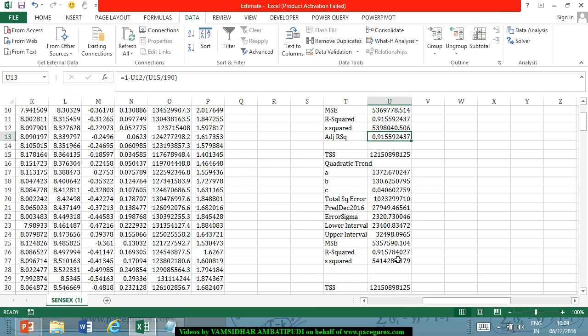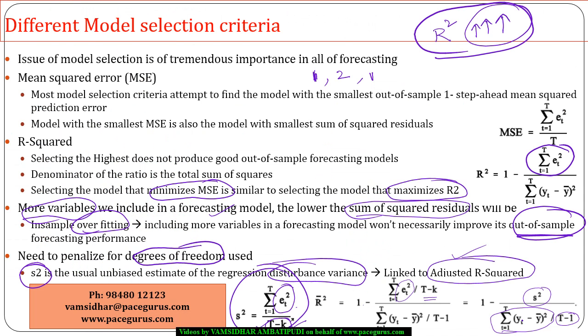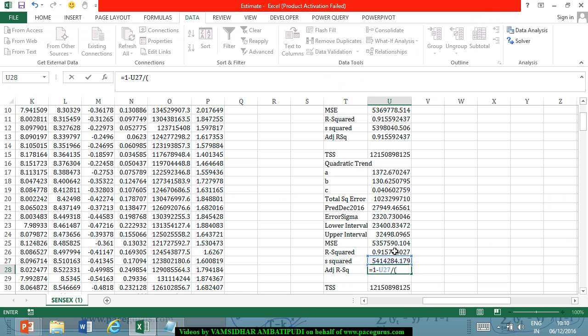But if I look at the adjusted R squared here, we are getting 1 minus S squared divided by the total sum of squares divided by 190, giving an adjusted R squared of only 91.53, whereas it is 91.55 here.